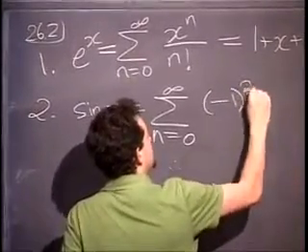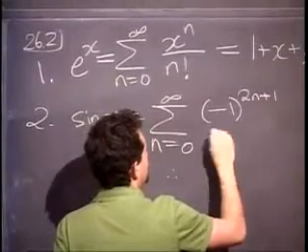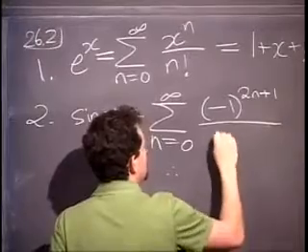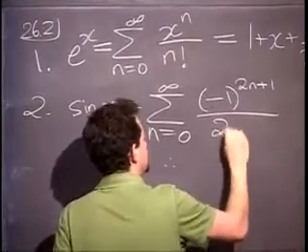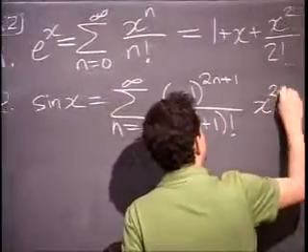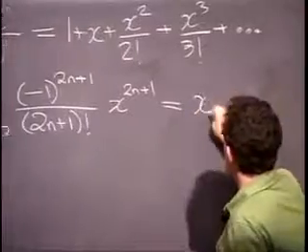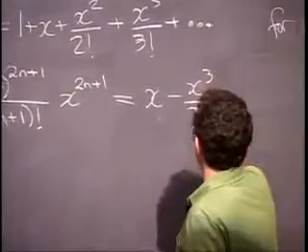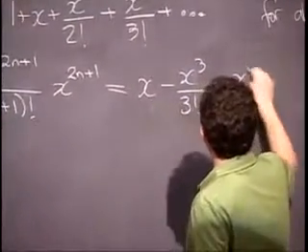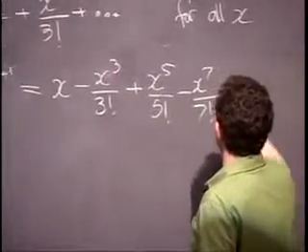In sigma notation, it looks like minus 1 to the n over 2n plus 1 factorial times x to the 2n plus 1. So it's just the odd powers, starting with x minus x cubed over 3 factorial plus x to the 5 over 5 factorial minus x to the 7 over 7 factorial and so on.